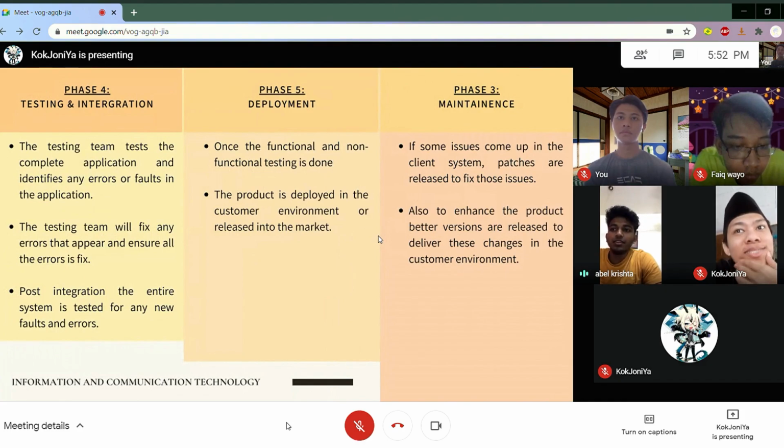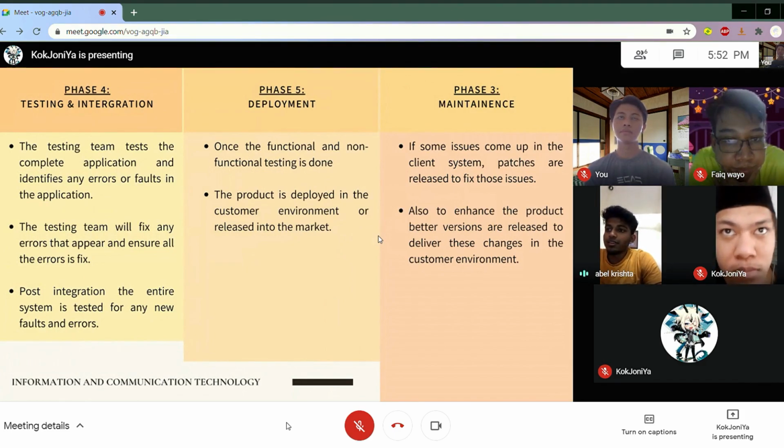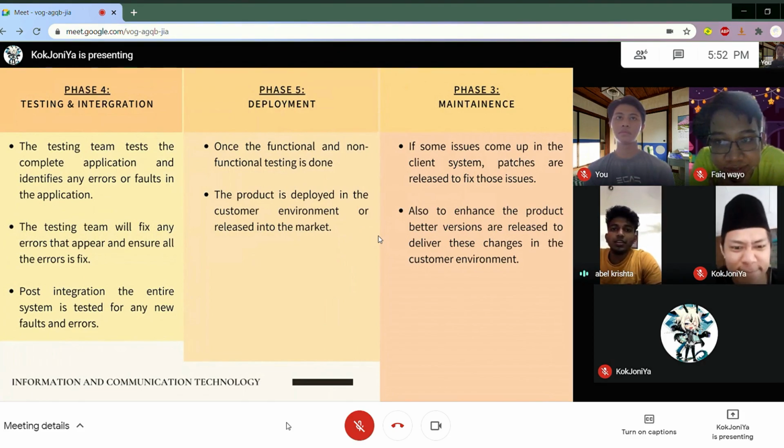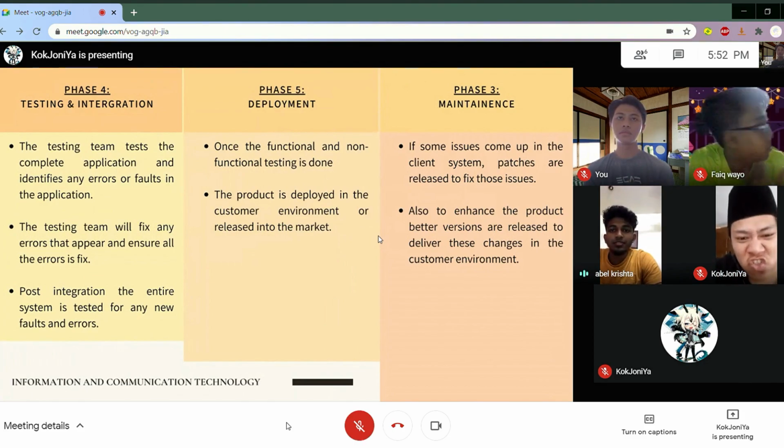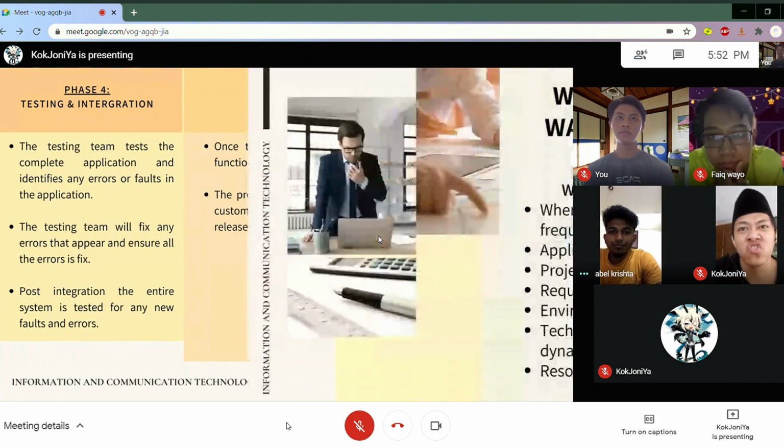Once the functional and non-functional tests are done, the product is deployed in the customer environment and released into the market. The sixth phase is maintenance. If some issues come up in the client's system, patches are released to fix those issues. Also, to enhance the product, better versions are released to deliver these changes in the customer environment.